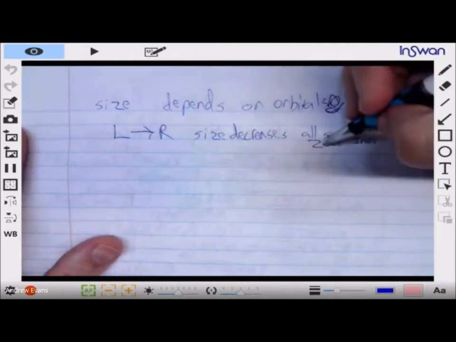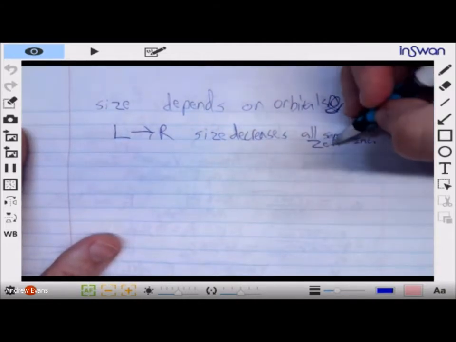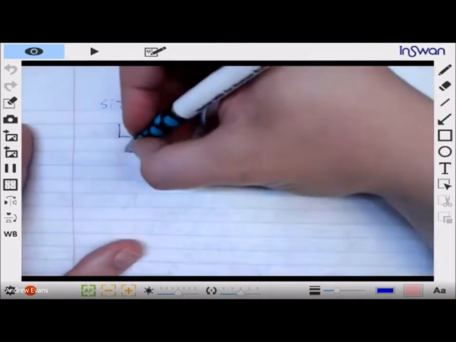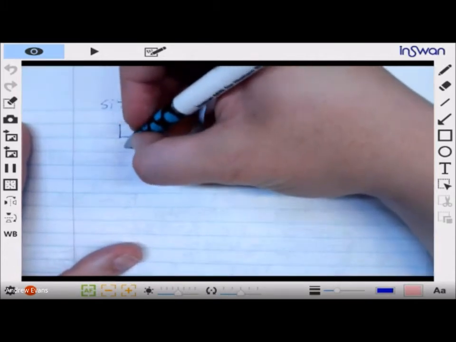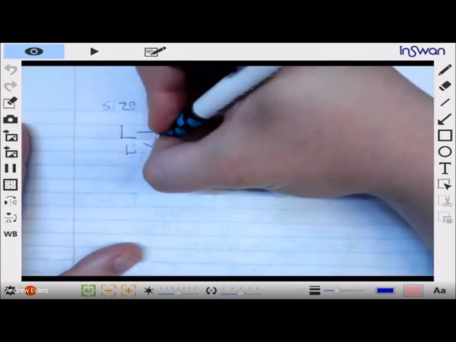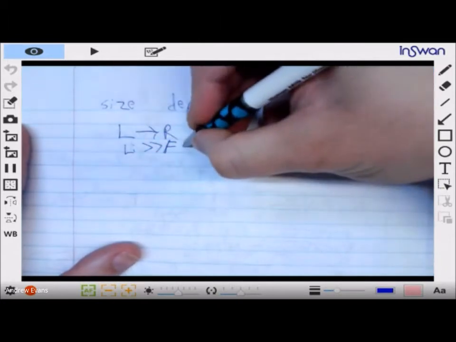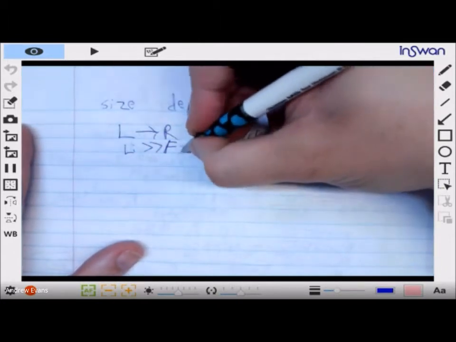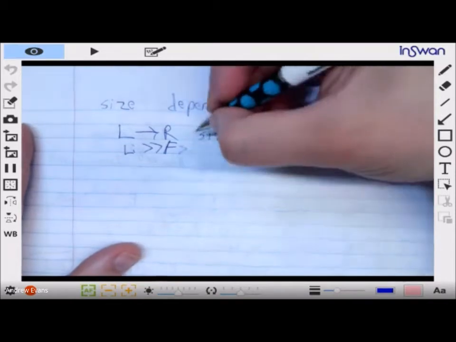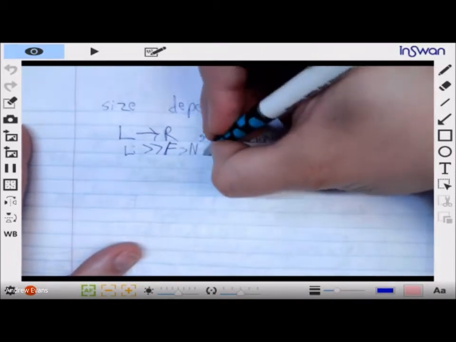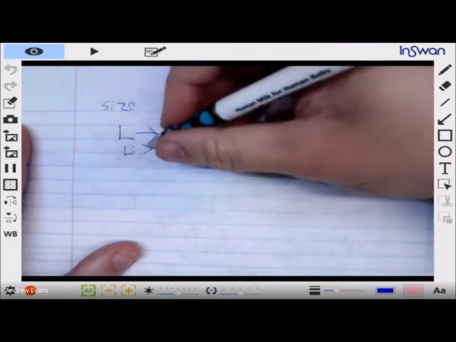So they're within the same orbital, but Z effective increases. So that means, just looking at that, lithium is way bigger than fluorine or neon, just because of where they are.